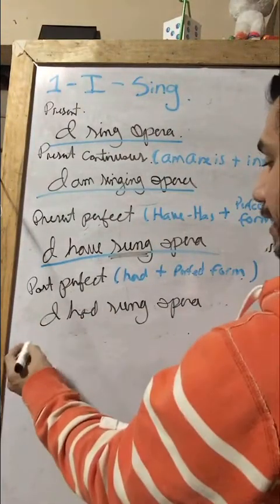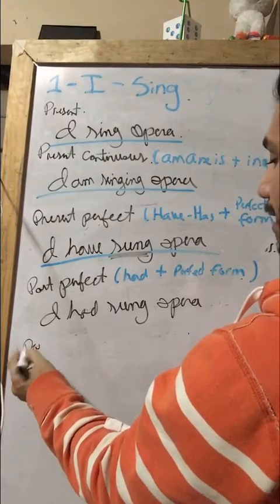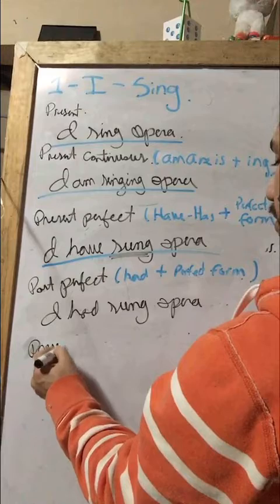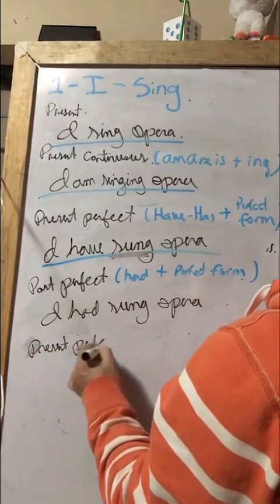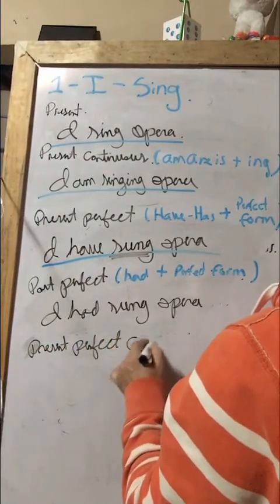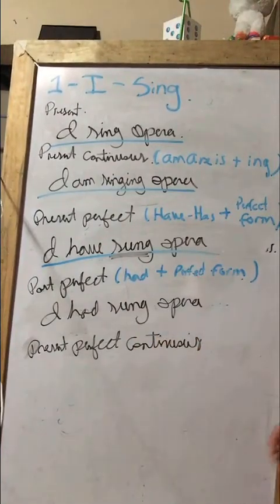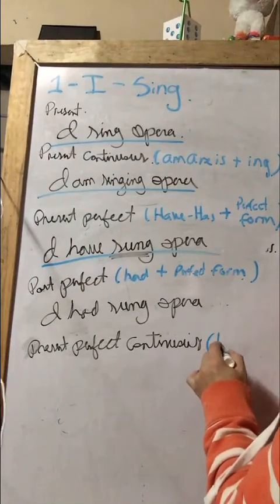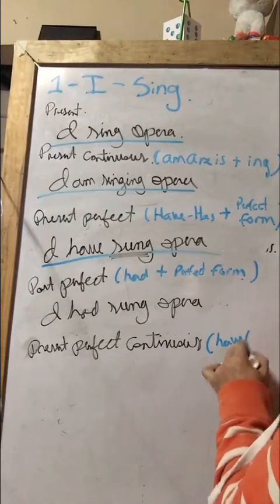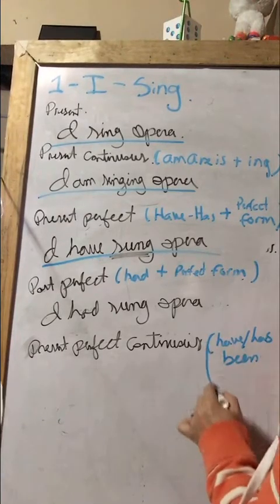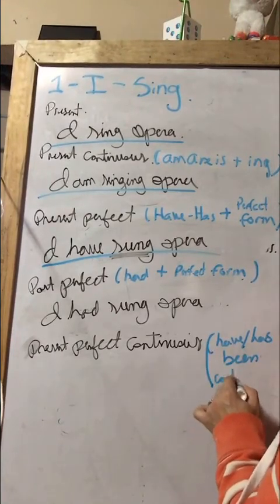And then finally, your present perfect continuous. Remember that for the present perfect continuous, you have to add a couple things. You have to add have and has and then been, and then the continuous form.